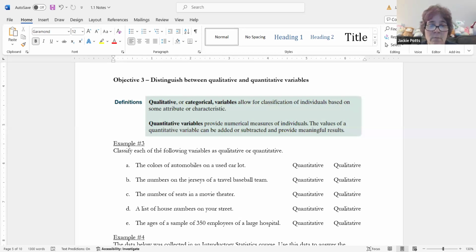So this is based on an attribute or characteristic. The brown hair. Remember I said 9 students with brown hair. That's qualitative. I can count it, but can I measure the color brown? Nope, can't measure the color brown. Quantitative is measurable.